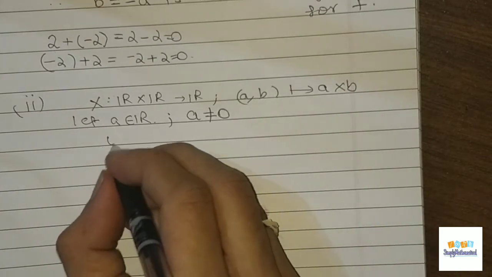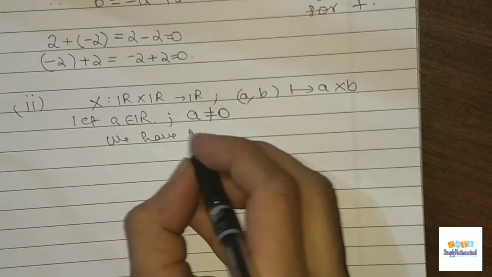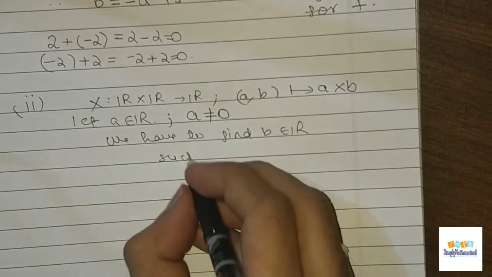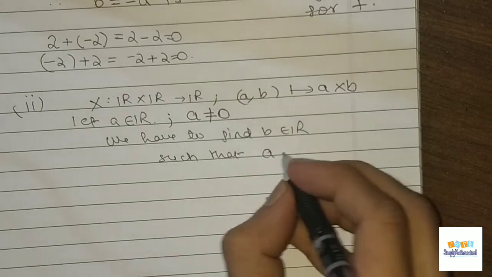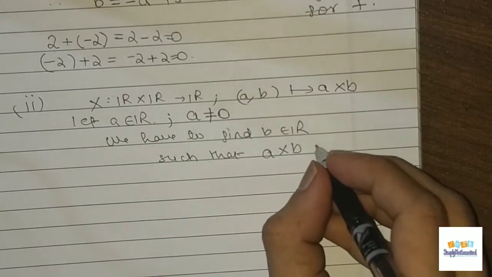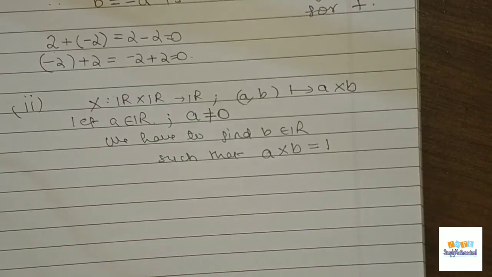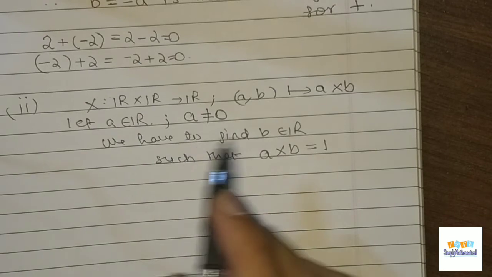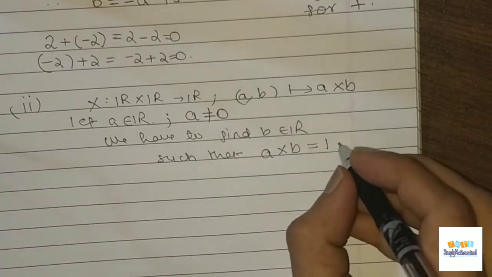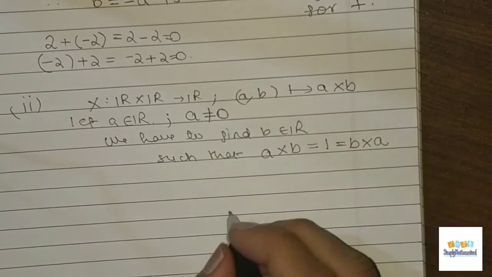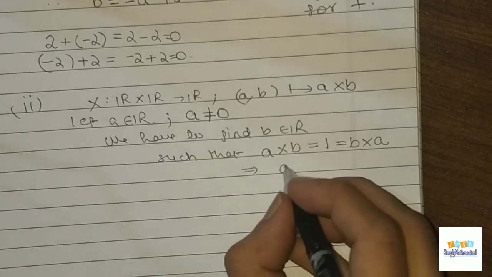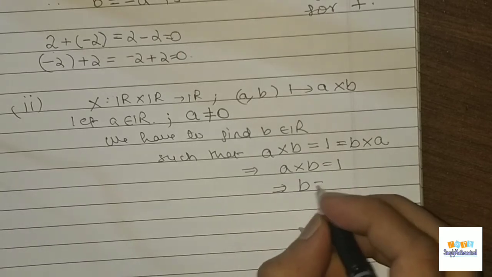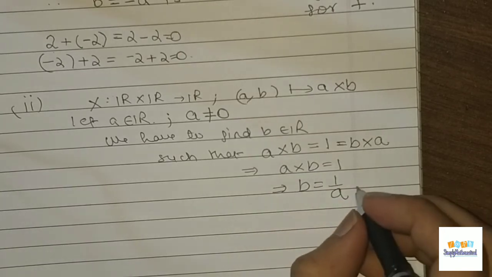So we have to find b belonging to R such that a multiplied by b is equal to 1. Why? Because the identity element of multiplication in R is 1, which is equal to b multiplied by a. So from here a multiplied by b is 1. That means b is equal to 1 by a.